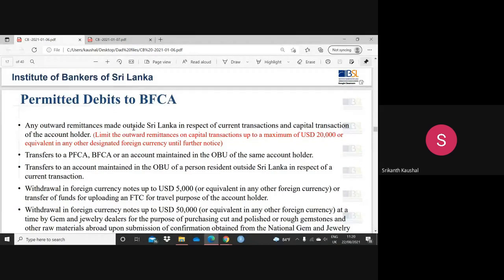Because that imported fabric is used to manufacture ready-made garments, and in turn you will be exporting. That export proceeds will come back to your BSC account. Therefore, for current transactions, there is no limit, as long as you prove it's a current transaction. So, opening an LC, a proforma invoice, then the shipping documents, these are supportive documents to prove it's a current transaction.